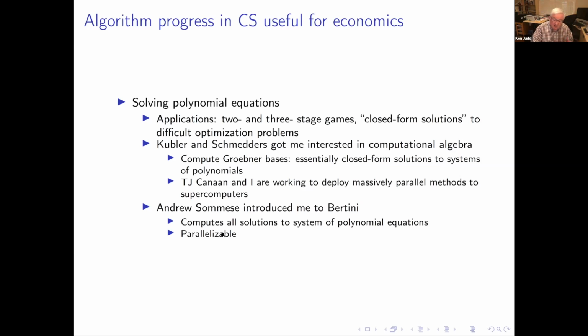The Sommese stuff is basically numerical. There are two ways here of solving systems of polynomials, very different in their basic background mathematics, but both of them are capable of solving large systems, and both of them could be very useful in economics.